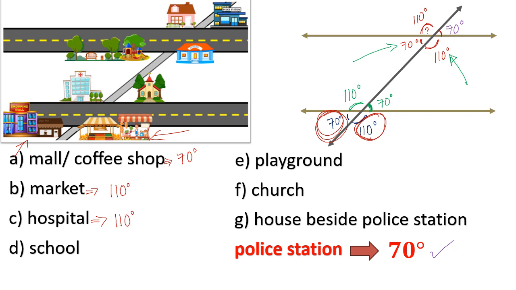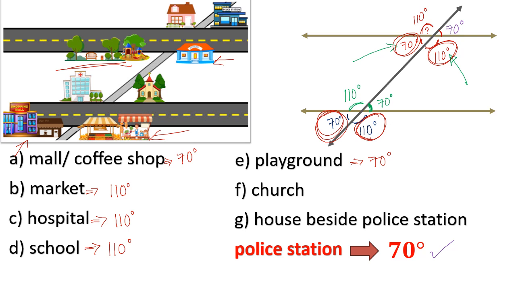Okay, and for our school, where's the school? This portion and this one. So that's going to be 110 degrees. Okay, moving on to playground. Where is our playground in the original illustration? This is our playground. So it's going to be 70 degrees. Okay, next we have church.